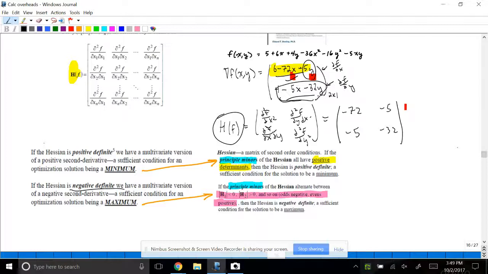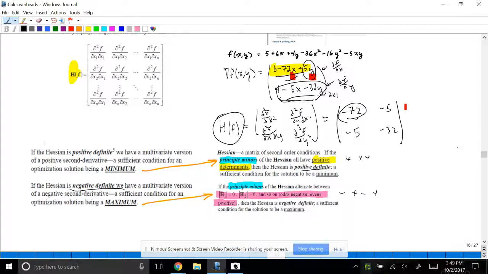And so the negative definite rule is if we take the principal minors, or the determinants, of a 1-by-1, 2-by-2, 3-by-3, 4-by-4, however big this dimension gets, and we alternate between negative, positive, etc., we've got ourselves a negative definite matrix. But if all the principal minors are positive, we get a positive definite, which is the multivariate equivalent of a positive second derivative. We get a minimum.